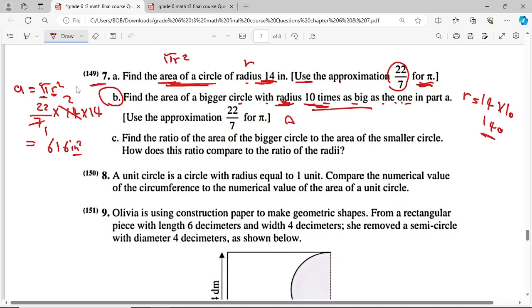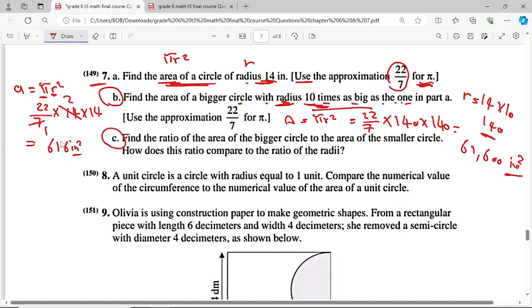The area is pi r squared, so 22 divided by 7 multiplied by 140 multiplied by 140. The answer will be 61,600 inch square.